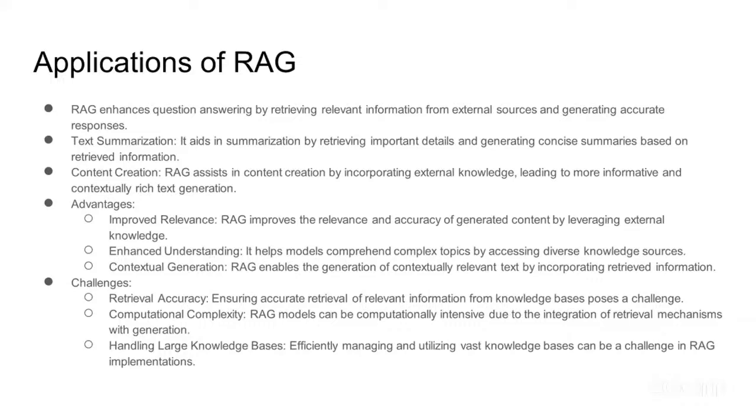Then we have enhanced understanding. It can be useful for complex topics by accessing diverse knowledge sources. Then for contextual generation, we have RAG. It enables the generation of contextually relevant text by incorporating the retrieved information.